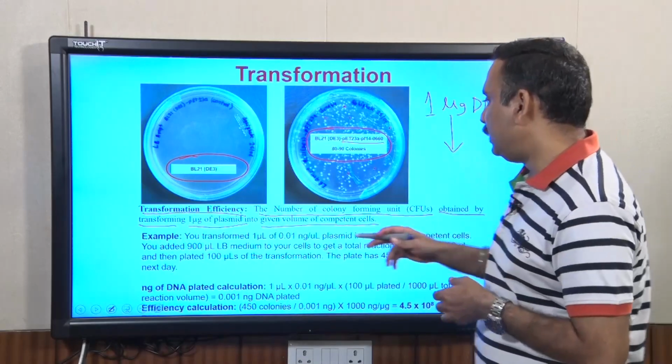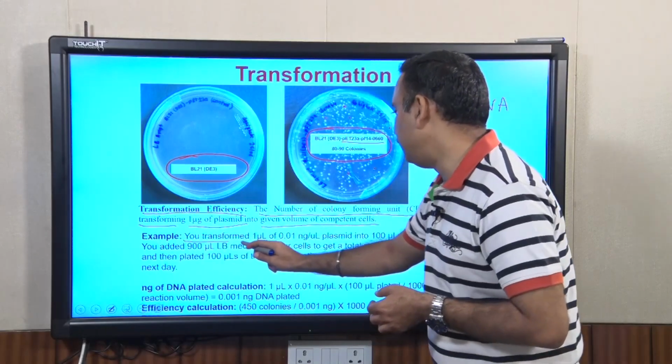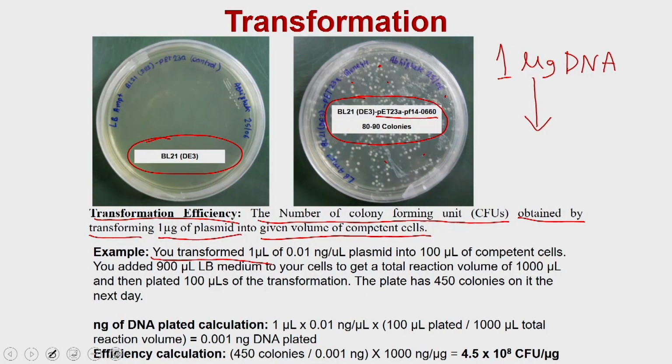Suppose you have transformed 1 microliter of 0.01 nanogram per microliter plasmid into 100 microliters of competent cells. After the heat shock you have added 900 microliters of chilled LB media to these cells, and the total reaction volume is 1000 microliters.